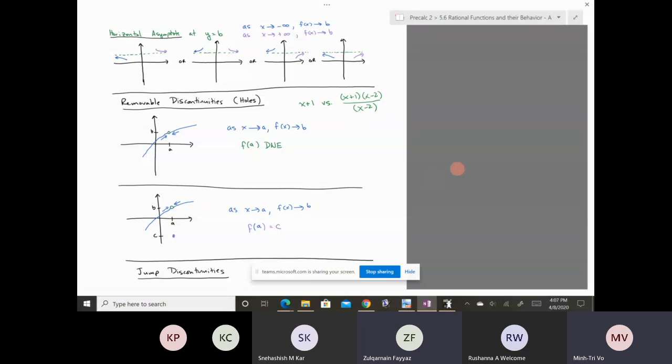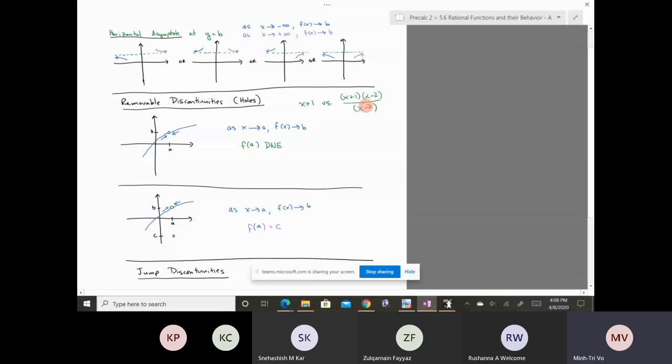They're the same except for a single point, and that's where the hole occurs. The reason that they're different is that the function on the left has a domain of all real numbers because it's a polynomial.